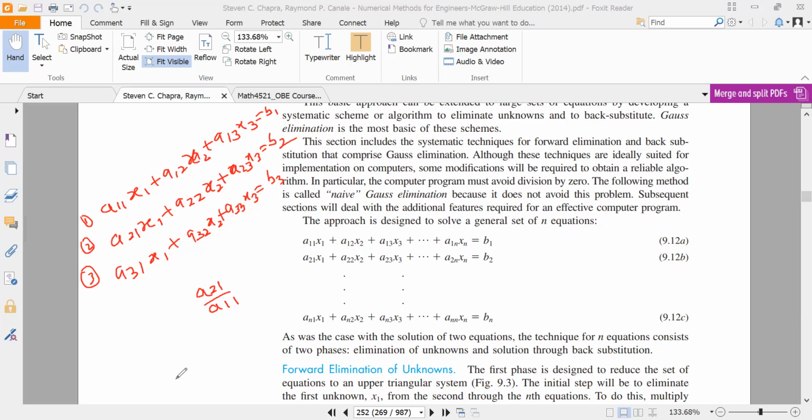That will result in an equation equal to what? It will be a21 x1 plus a12 into a21 divided by a11 into x2 plus a13 into a21 divided by a11 into x3 is equal to b1 into a21 divided by a11, isn't it?